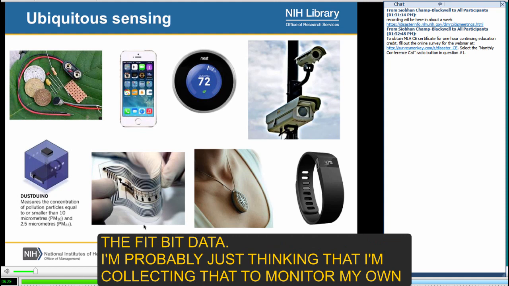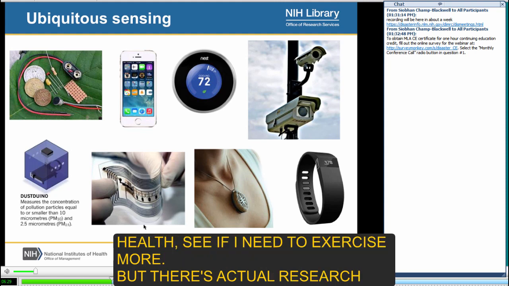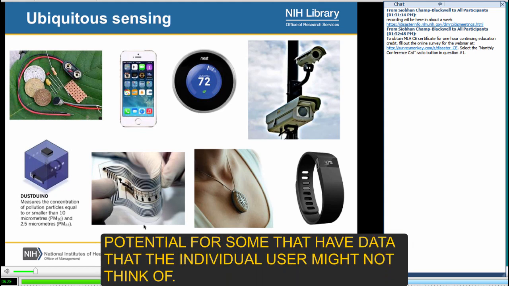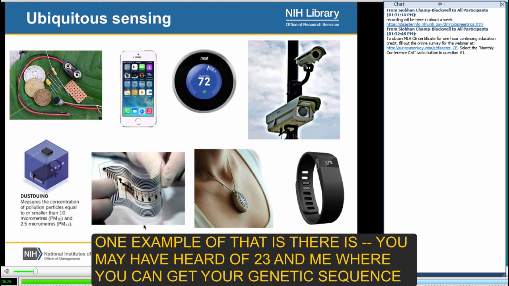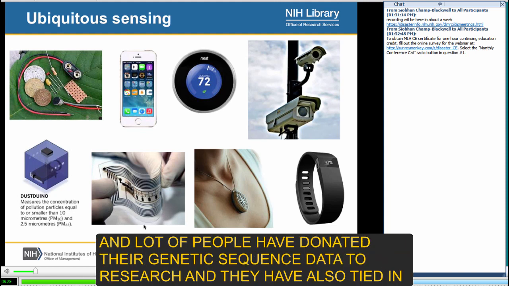So the Fitbit data, if I'm wearing a Fitbit, I'm probably just thinking that I'm collecting that to monitor my own health, see if I need to exercise more. But there's actual research potential for some of that data that I, the individual user, might not even think of. One example of that is 23andMe, which you may have heard of, where you can get your genetic sequence.